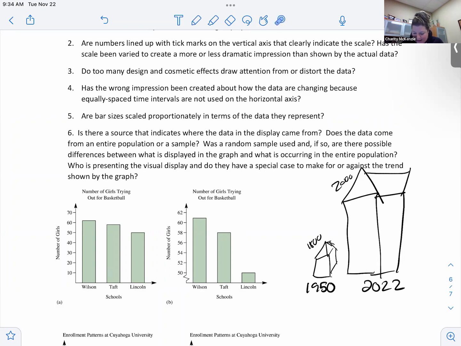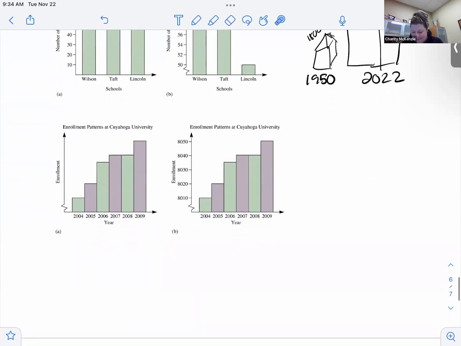Here's a couple more graphs too. We can notice it is counting okay here, but it has a break here, and that allows for more of a dramatic drop. It's more like zoomed in. These ones are the same as well. Enrollment. They didn't even label it.